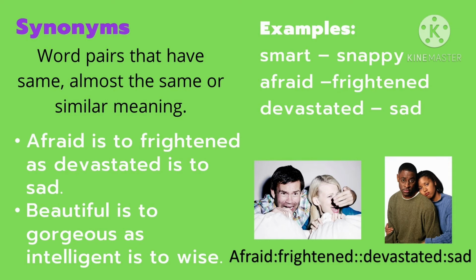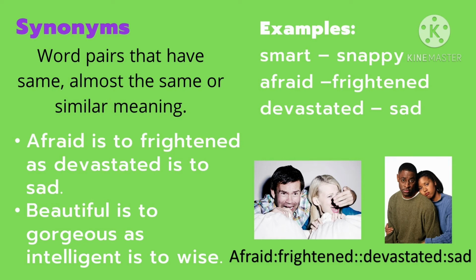If we put it in an analogy, we can say that afraid is to frightened as devastated is to sad. Afraid has the same or almost the same meaning as frightened, and devastated has a similar meaning to sad. This is how an analogy works when we talk about synonyms.